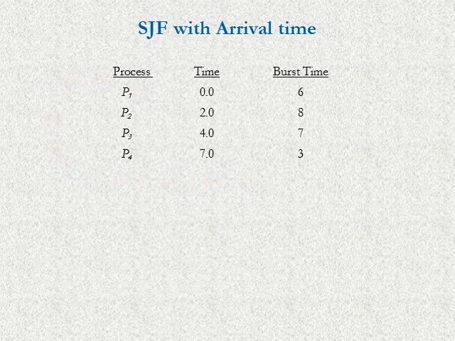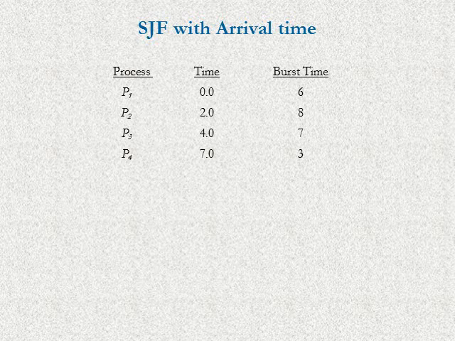Assume that P1 arrives at time interval 0, P2 arrives at time interval 2, P3 arrives at time interval 4, and P4 arrives at time interval 7.